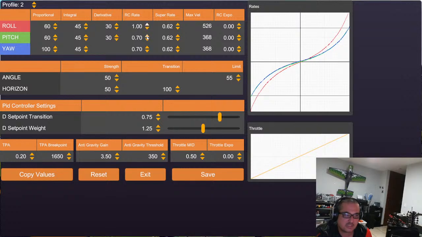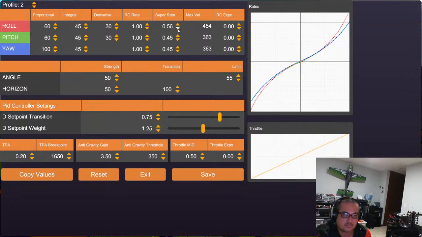So we already established that this mainly controls the middle and makes the middle more sensitive. Alright, let's do this. I'm going to make it about the same degrees per second, but with a higher RC rate and now a lower super rate.